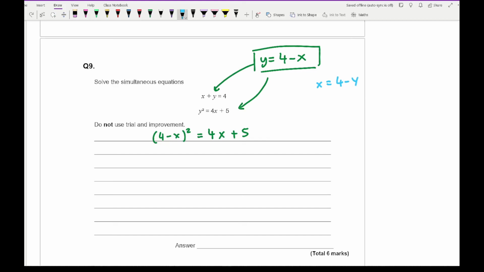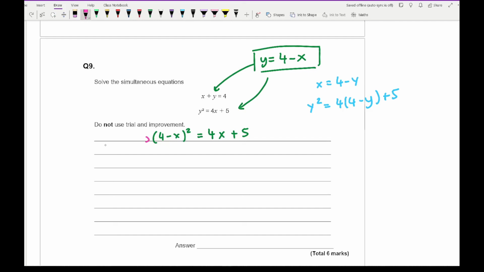And then substituting into this, I end up with y squared equals 4 lots of 4 minus y plus 5. Now, either way, I'm going to have to expand the brackets, and it's entirely up to you which one you prefer. So using the one that's written in blue, you'll find the y ordinates first, and the one written in green, you'll find the x ordinates first, but you should still end up with the same answer. So I'm not going to go through both because I don't want to prolong the length of this video. So let's look at this.